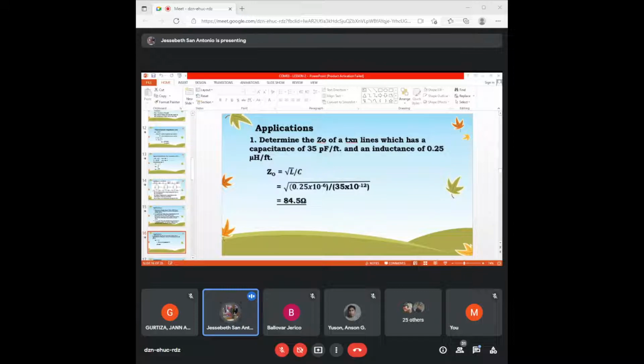Take note that it is the square root of L over C, right? So, 0.25 times 10 to the negative 6, micro. The per feet will cancel out. Right? And then, the capacitance is 35, pico, times 10 to the negative 12.